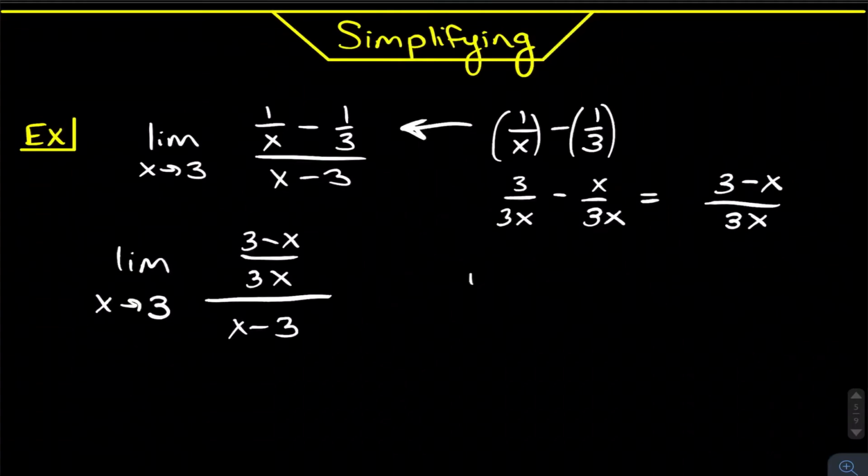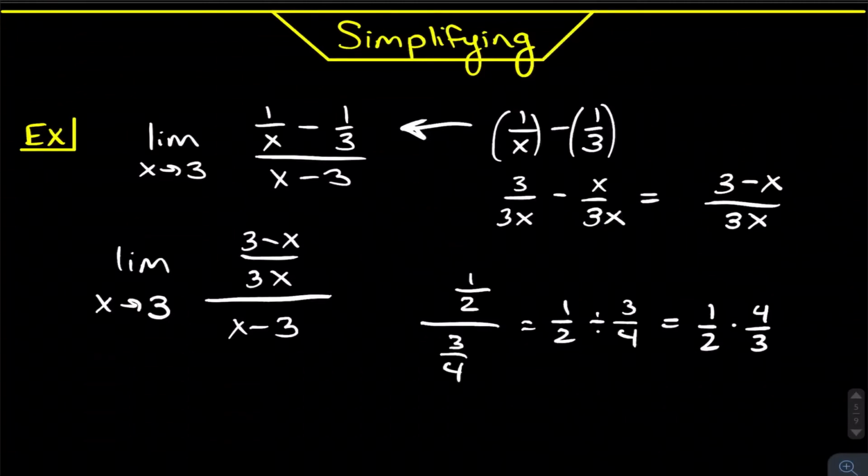If we have 1 over 2 all over 3 over 4, this is the same thing as 1 over 2 divided by 3 over 4. That's the same idea. And hopefully you remember keep, change, flip, how we divide two fractions. We just do 1 over 2 times 4 over 3. We flip this fraction.